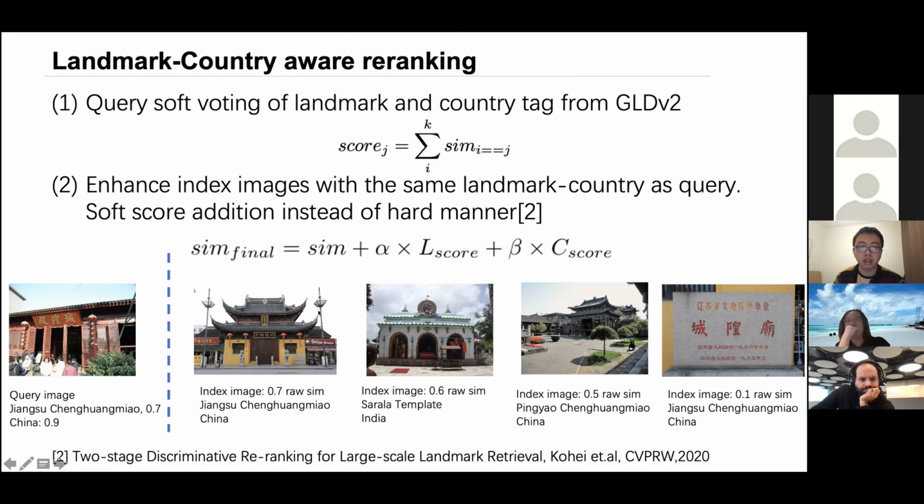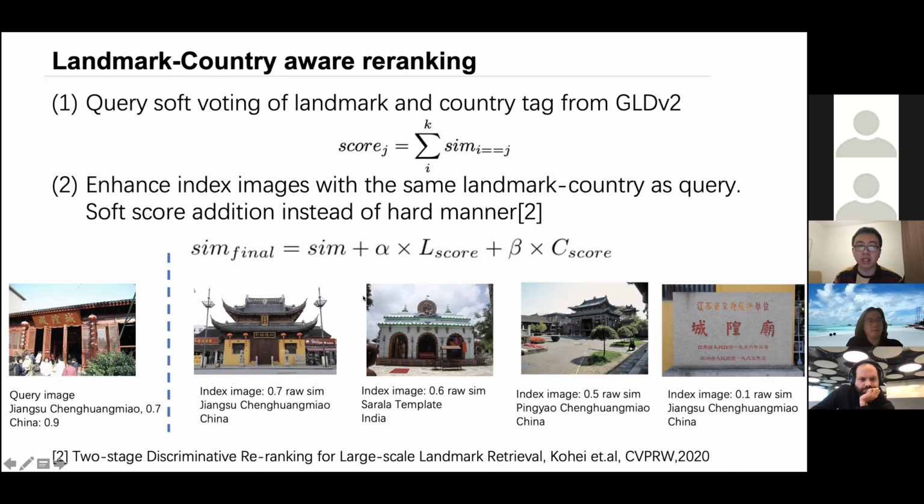Here we can see the raw prediction for the landmark tag is Jiangsu Chenghuang Miao and China. The next one is a Sri temple in India, and we use the first landmark tag to upvote the same landmark as the query.